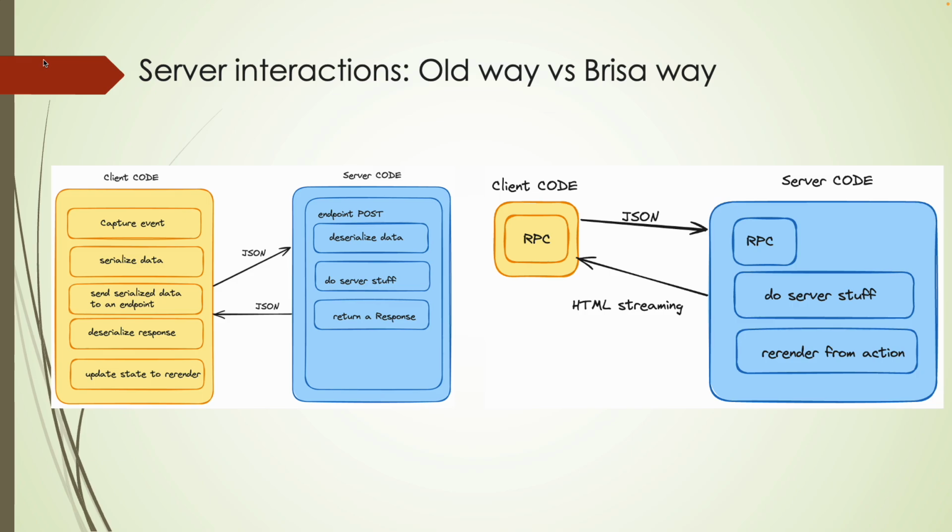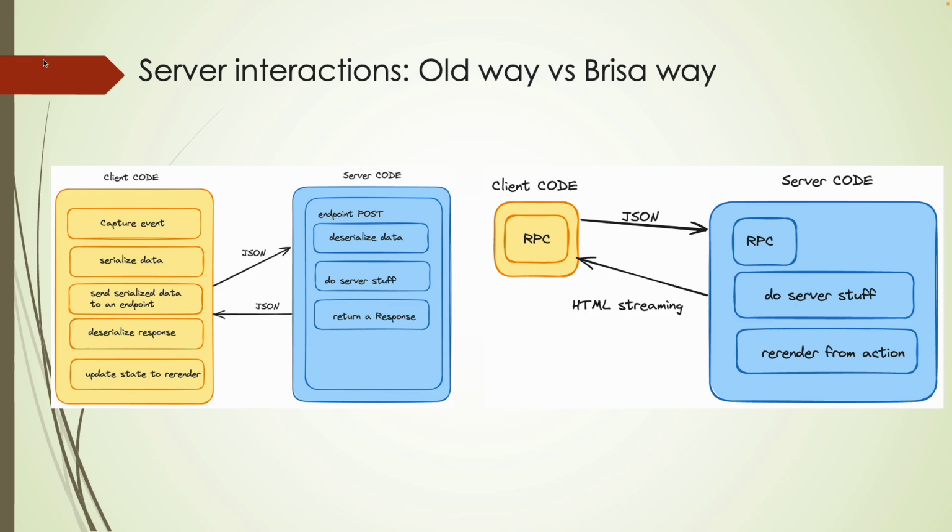Then you need to go to the server, create an endpoint, deserialize this data, do the server stuff, then return a response. Then we need to come back to the client. And in the client, we need to deserialize the data after awaiting the response, update the state, and then the front-end framework does the render.